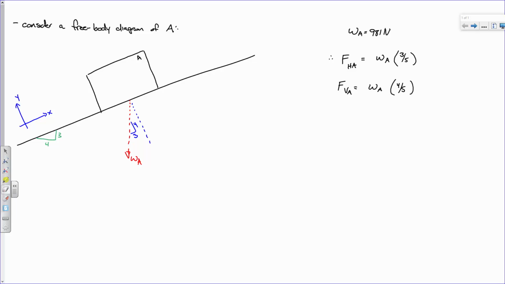Now, if that was confusing, why I'm flipping it, I'm going to give you a structural analysis example that makes a whole lot more sense. Do you remember in structural analysis when we had inclined rollers?